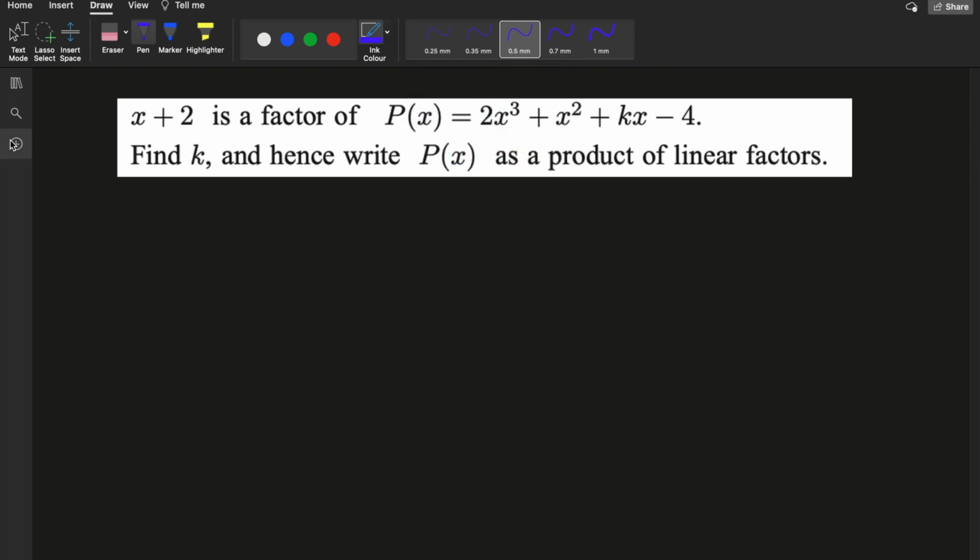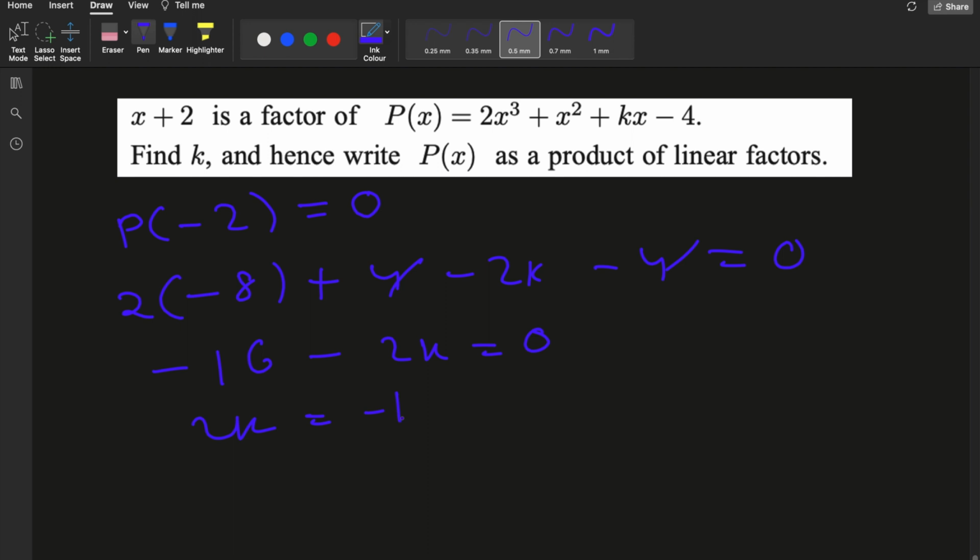We know that p of minus 2 will be 0. So 2 into minus 8 plus 4 minus 2k minus 4 equals 0. The 4 and 4 get cancelled, so 2k equals negative 16 and k equals negative 8.